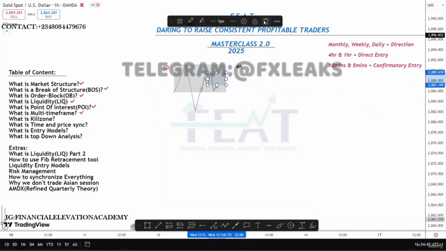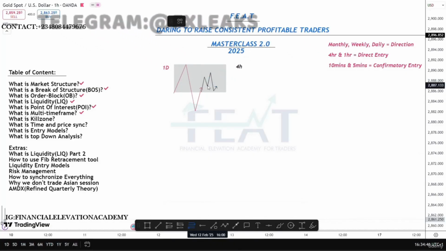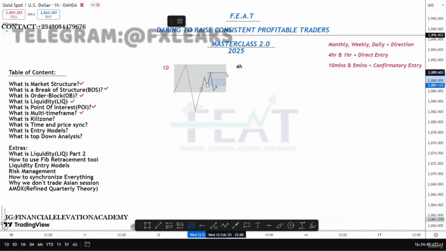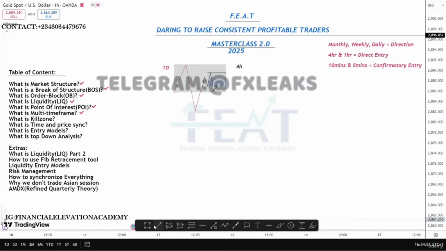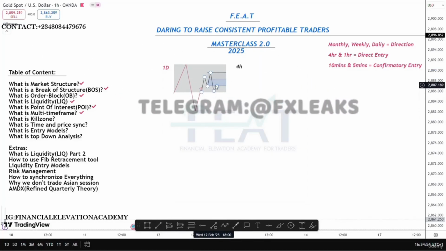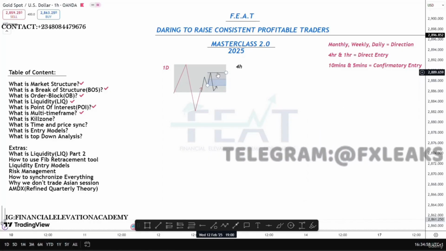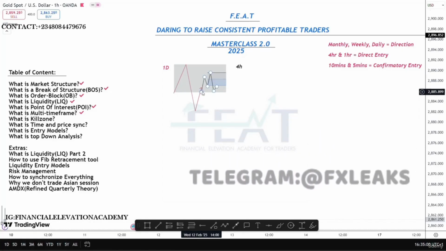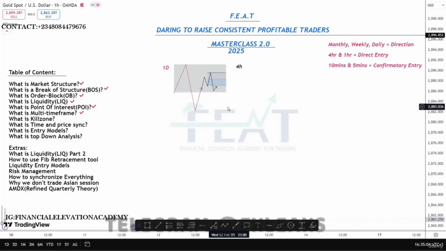So let me use the Fibonacci tool. Alright, so what you're expecting price to do now is come into either PY1, PY2, or PY3 and then drop heavily. So this is us taking it directly from the higher time frame.